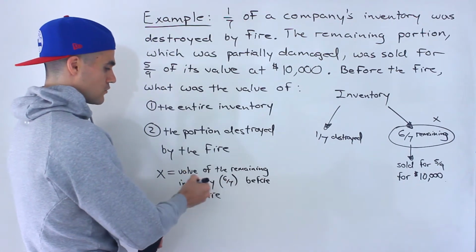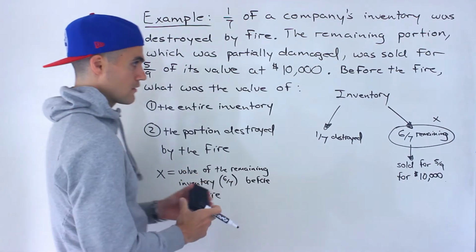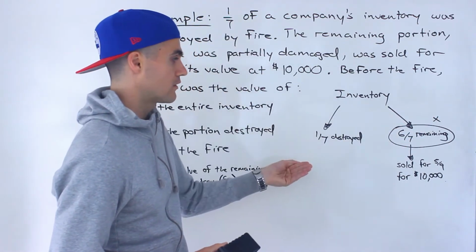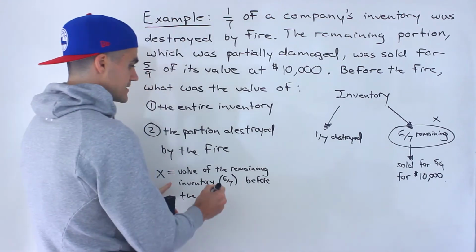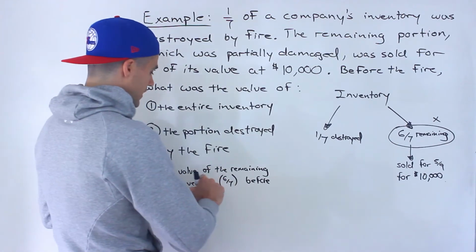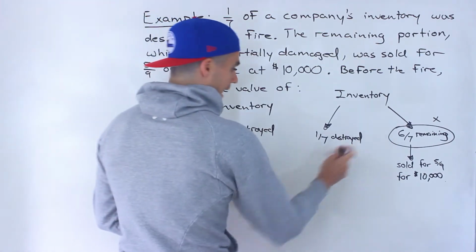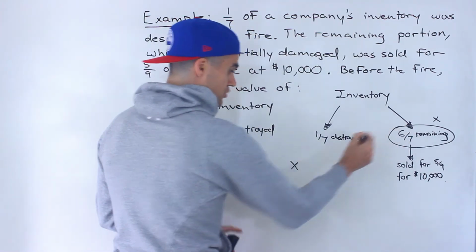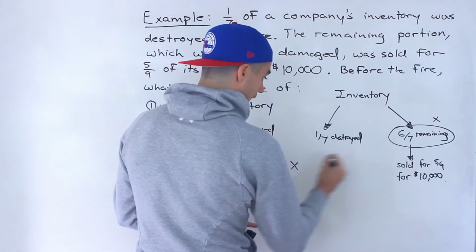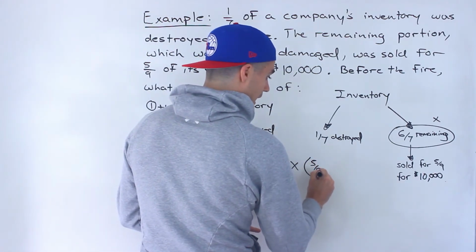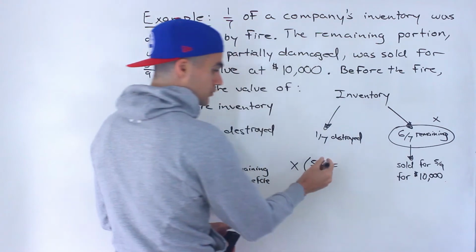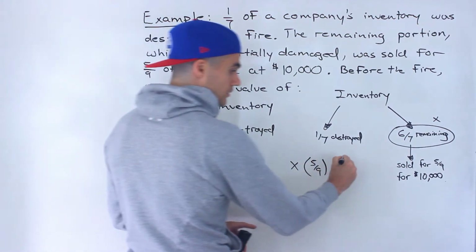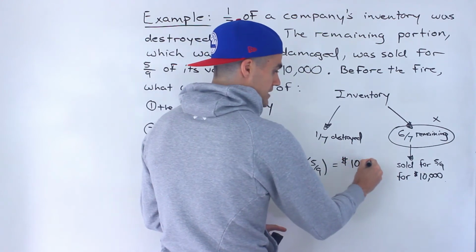If we let this be x, that means the value of this portion before the fire times 5/9 is equal to what you received, and that was $10,000.